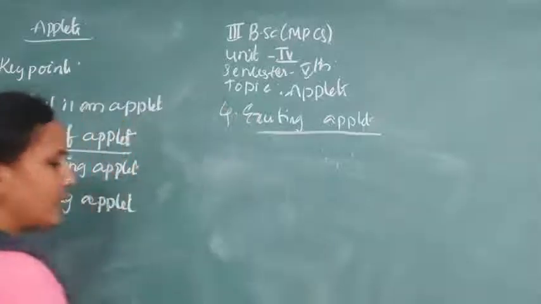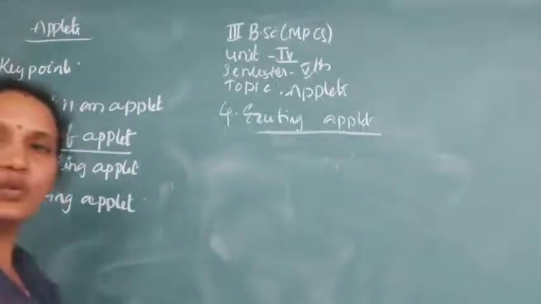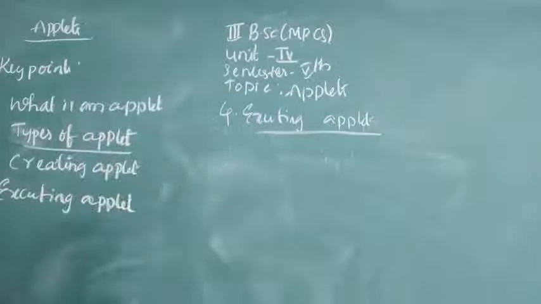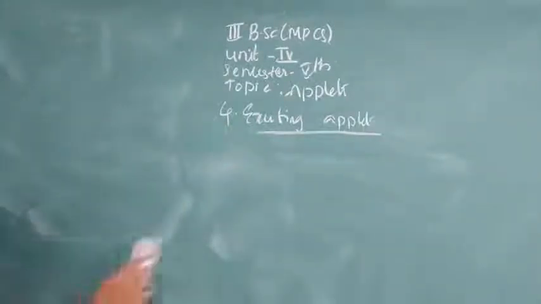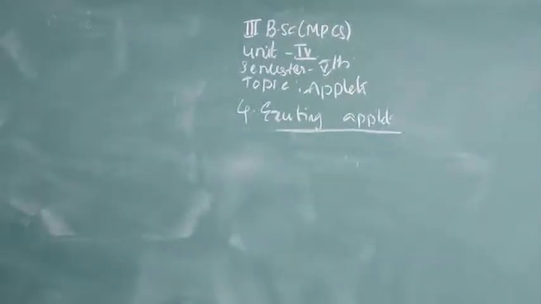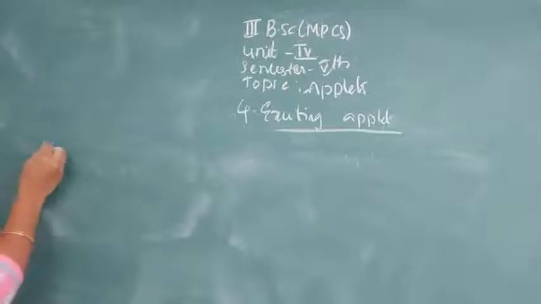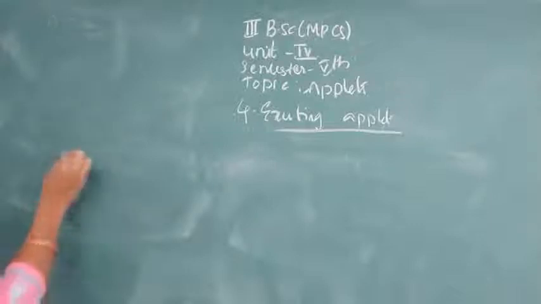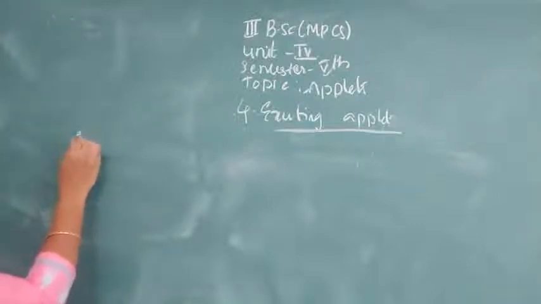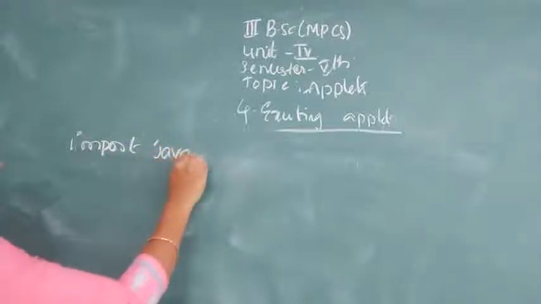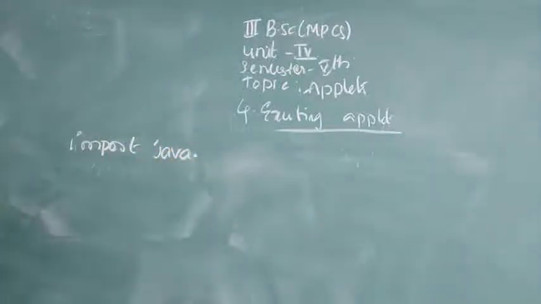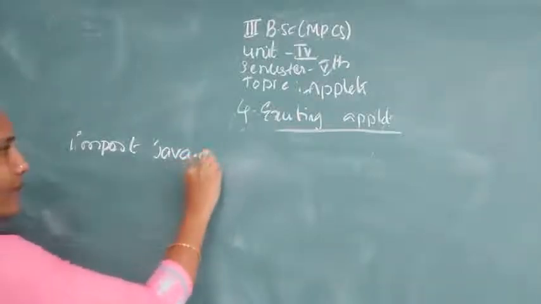So first I said here we need two files. I will design the first file now. See here. First you include the packages that are mandatory for a Java program. Import java.awt.